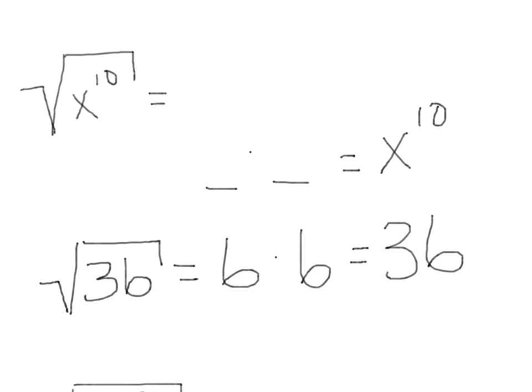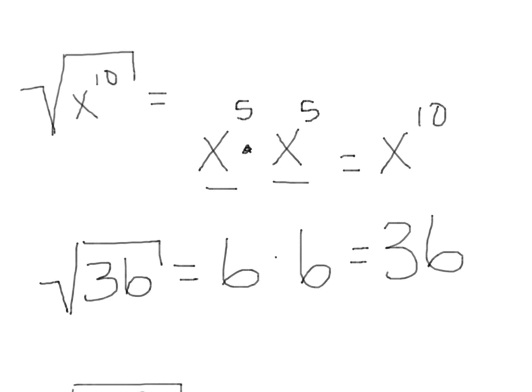Well, my base is x. So if I think back to chapter 8, I have to keep my base the same there. And also thinking back to chapter 8, when I'm multiplying, remember that I'm really adding my exponents. So x to some power times itself needs to give me 10. If I think about x to the power of 5 times itself, that will give me x to the power of 10.